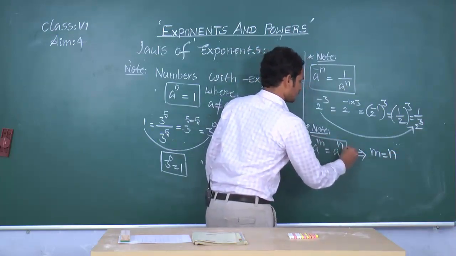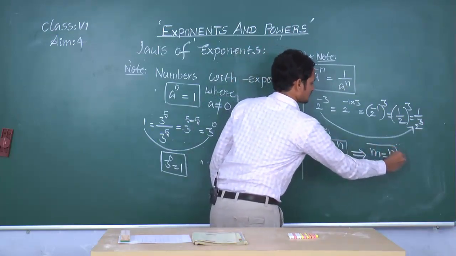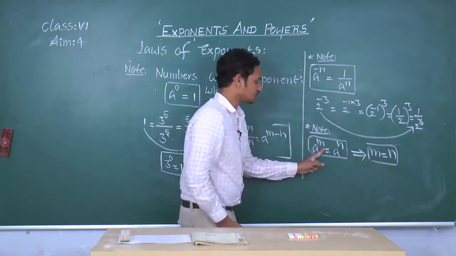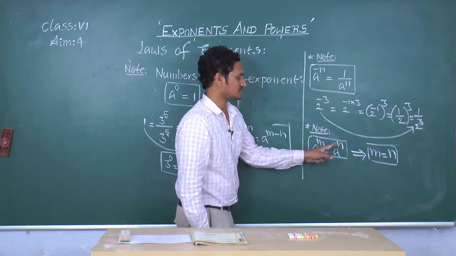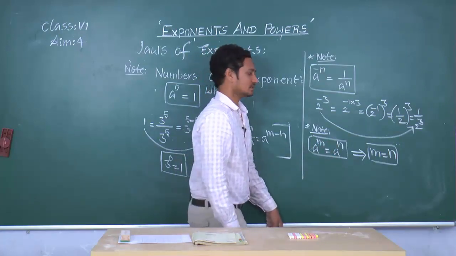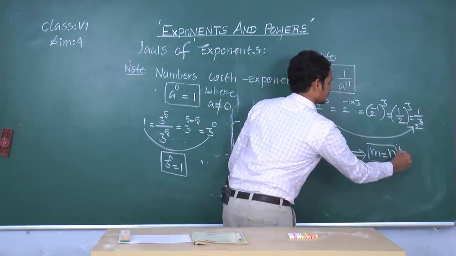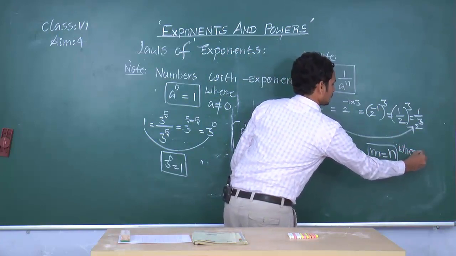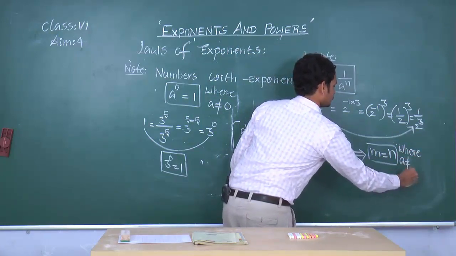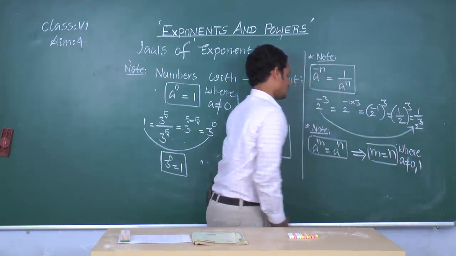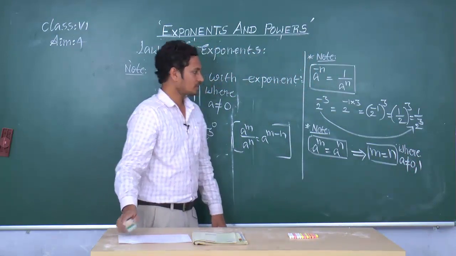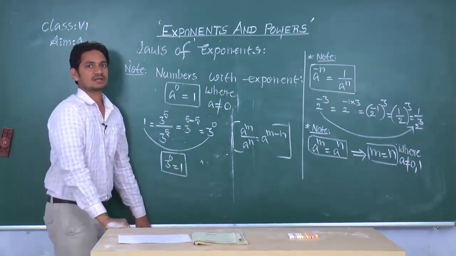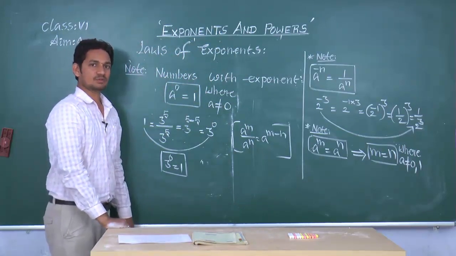This is one of the important results. Whenever equating two powers with the same base, we can equate the powers, m equal to n, where a should not be equal to 0, and also a should not be equal to 1. Here, by using all these results, let me explain a few questions.